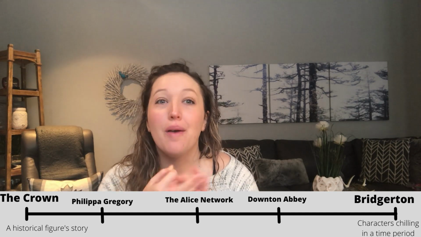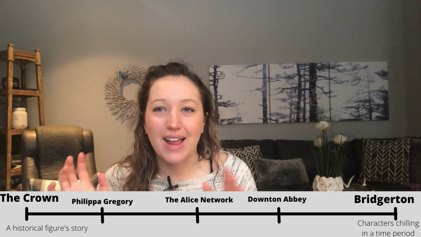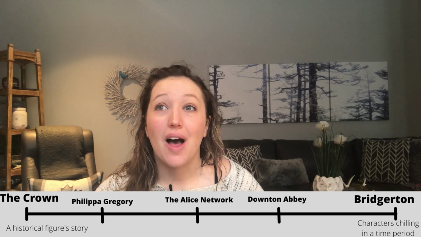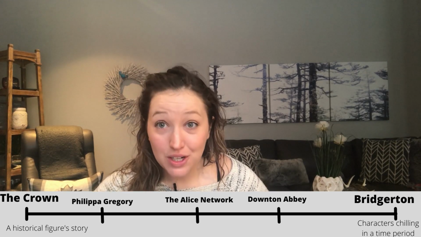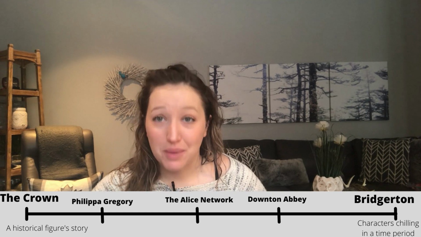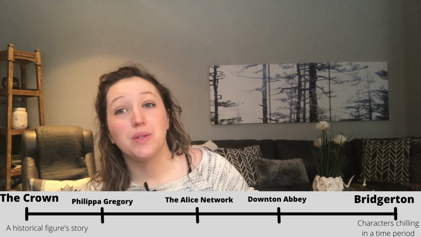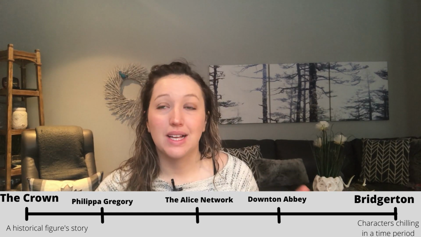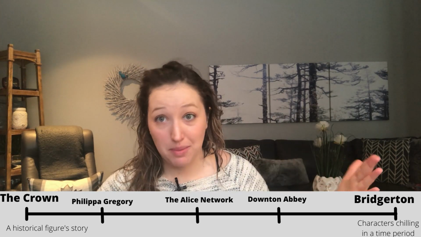I'm looking for meetings mentioned in each letter. And I found some really cool evidence by going through those that helped fuel the play, which I will talk about very shortly. But the amount of information that I needed and how closely I needed it to resemble historical fact was very different than when I was just writing about some random people in the same time period that I had made up.